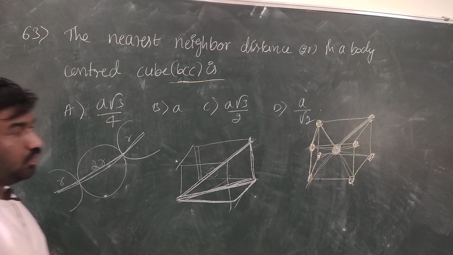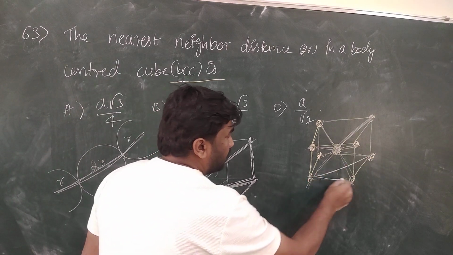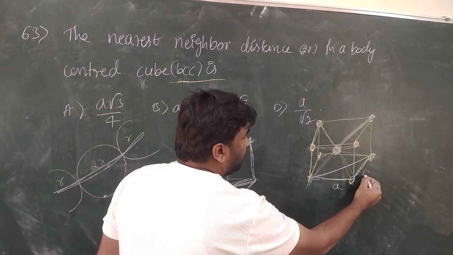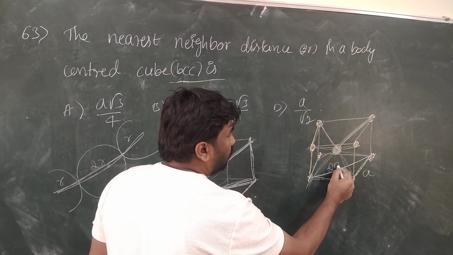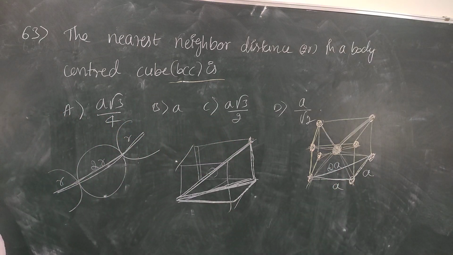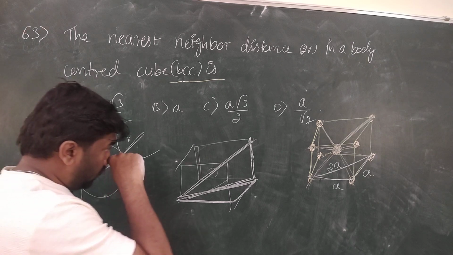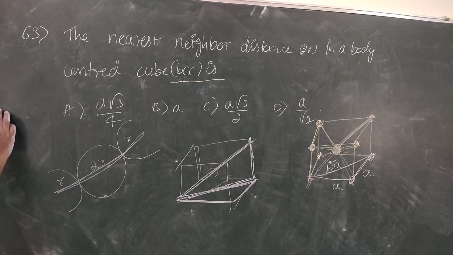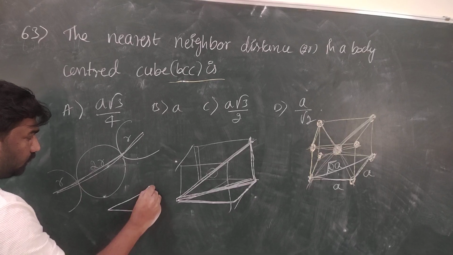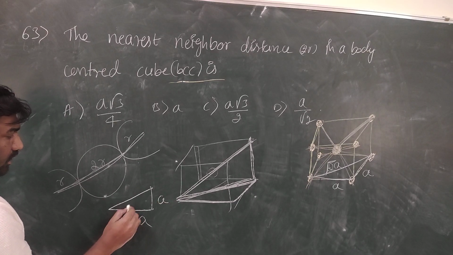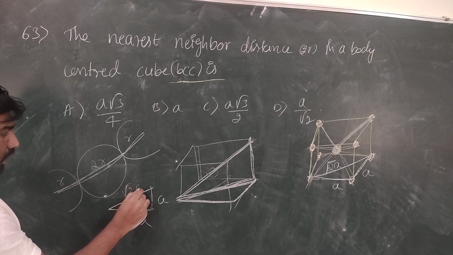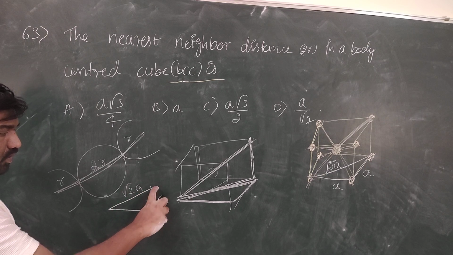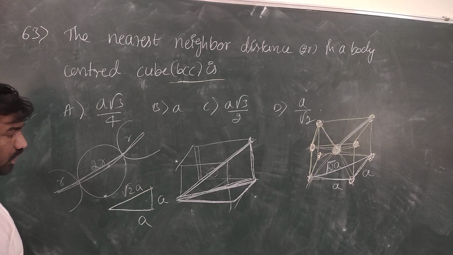We know this is a, this is a, and obviously this is root 2 a. Why? Because by Pythagoras theorem, if this is a and this is a, then AC square is equal to AB square plus BC square, so this is root 2 a.